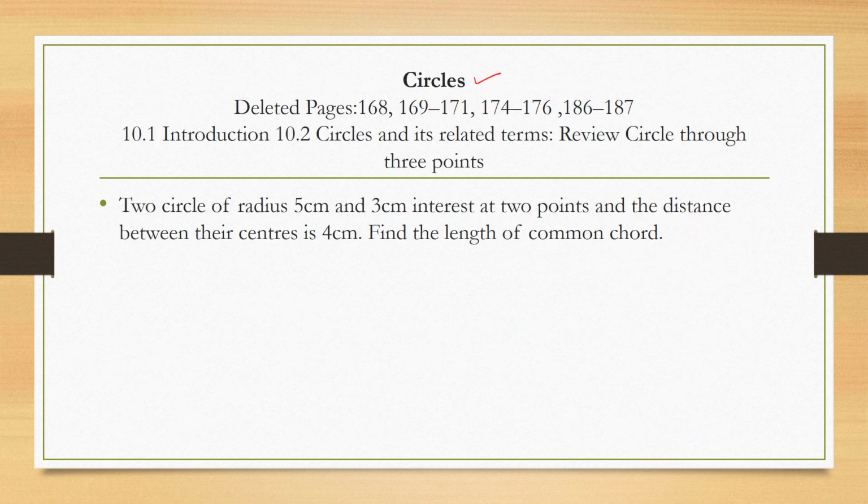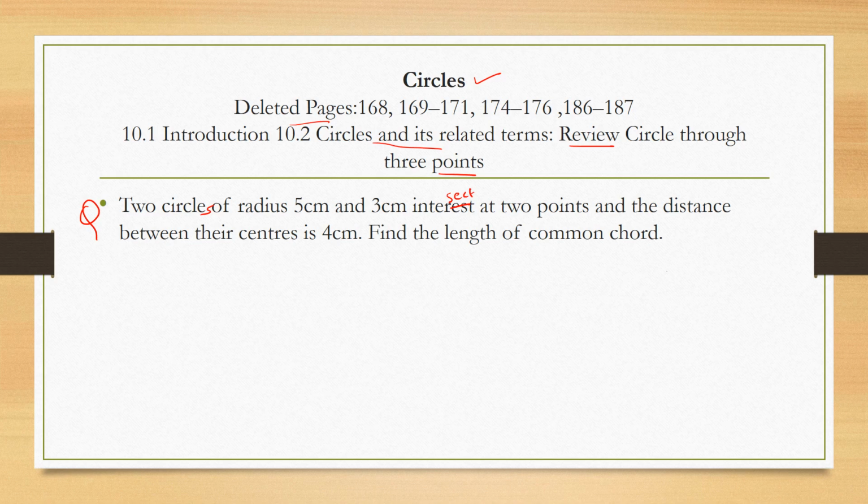Next is circles. Again, the deleted portion is circles through 3 points. Okay, let's see this question. Two circles of radius 5 centimeter and 3 centimeter intersect at 2 points, and the distance between their centers is 4. Find the length of the common chord.